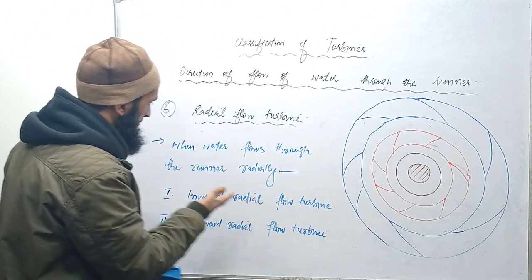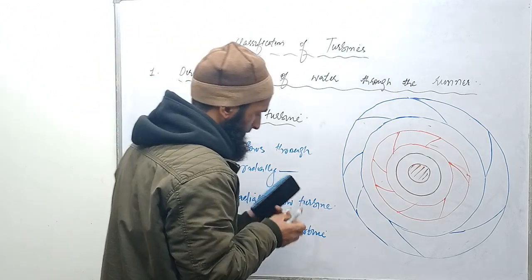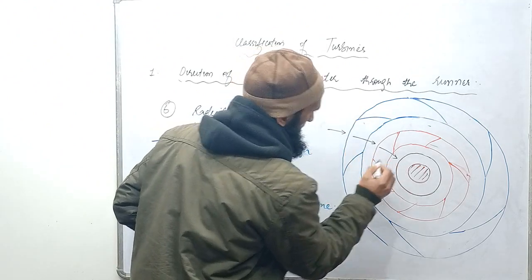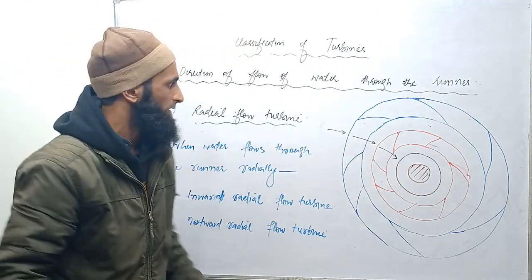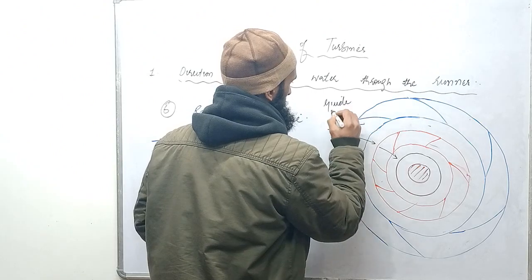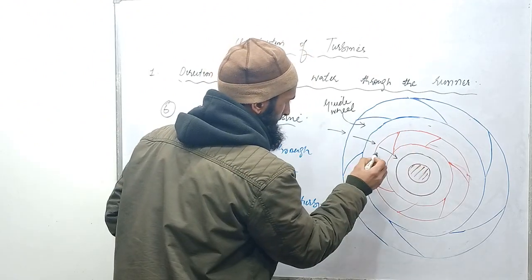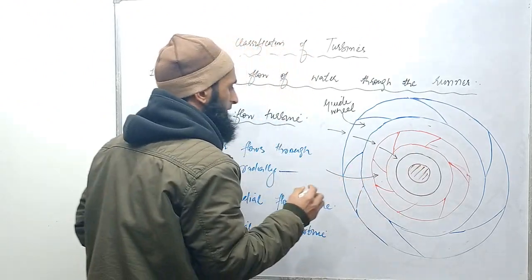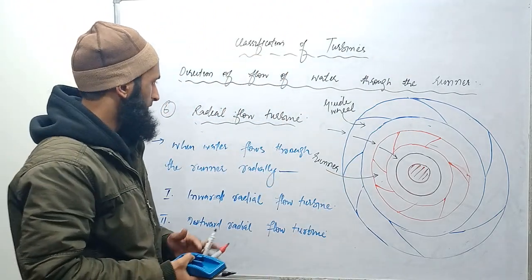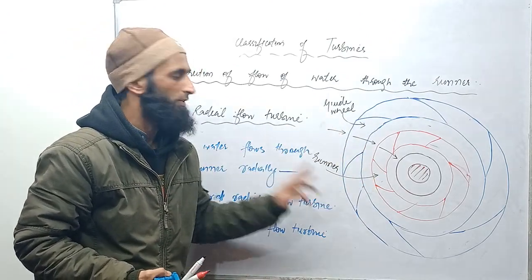If water flows radially inwards, that means if water flows in this direction, in that case this outer wheel is known as guide wheel, and this inner wheel is known as runner. So when water flows radially inwards, this outer wheel is guide wheel and this inner wheel is runner.